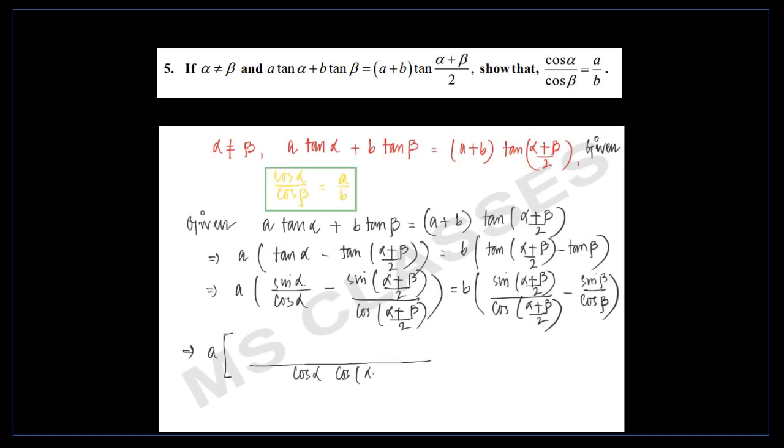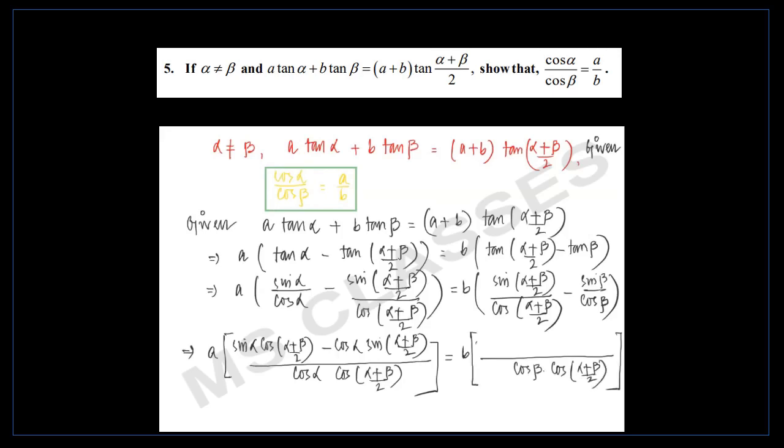The denominator is cos alpha into cos of (alpha plus beta) by 2. Now, sine alpha into cos of (alpha plus beta) by 2 minus cos alpha into sine of (alpha plus beta) by 2. Just the LCM, so this into this minus this into this, equal to B into cos beta into cos of (alpha plus beta) by 2 as the LCM.